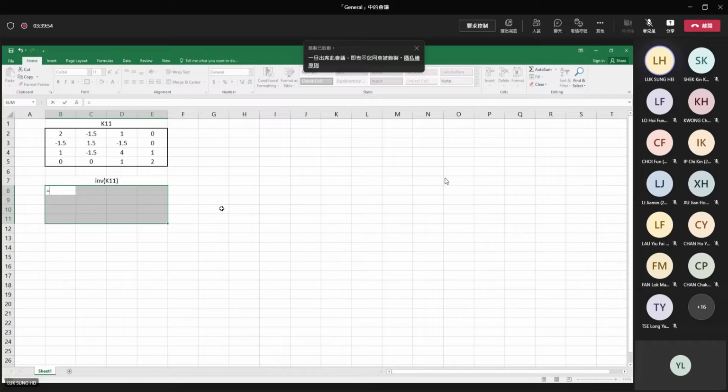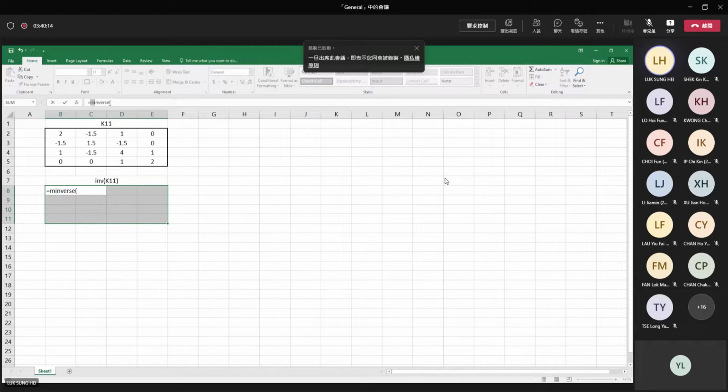You type in the formula. You can find the command in the note sheet that I gave you before. The command to invert a matrix in Excel is called MINVERSE.